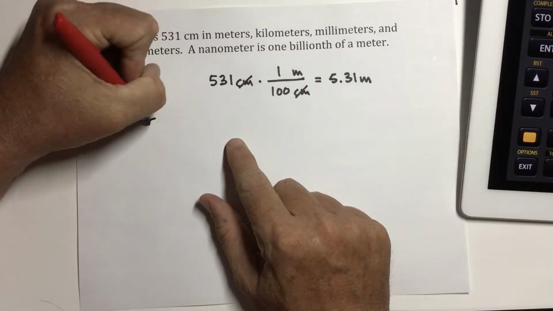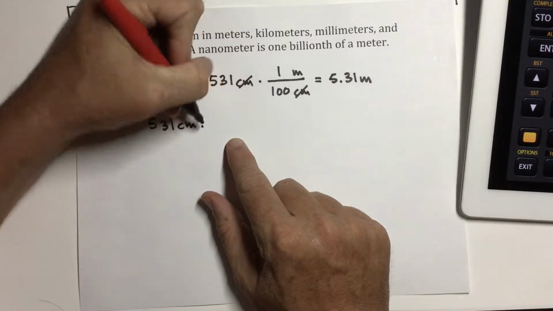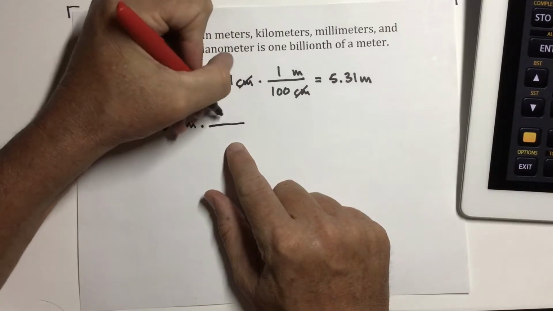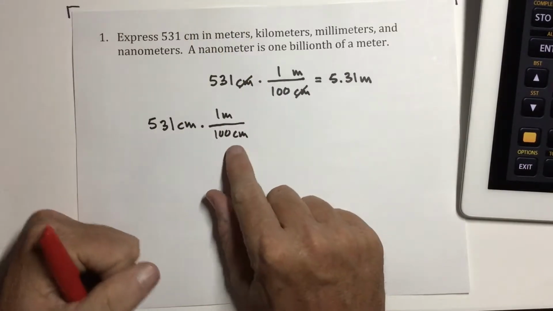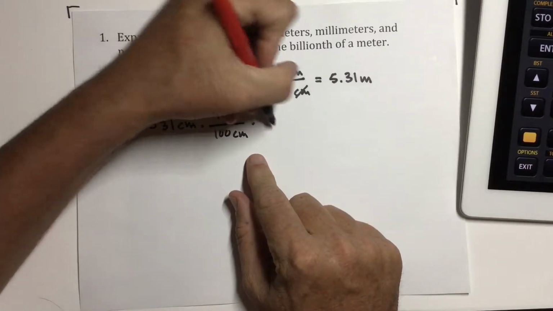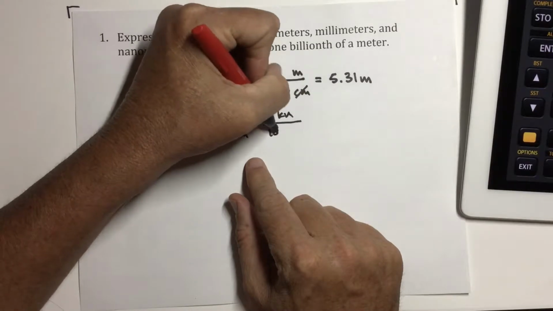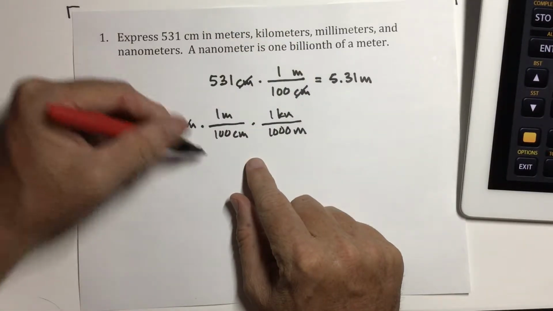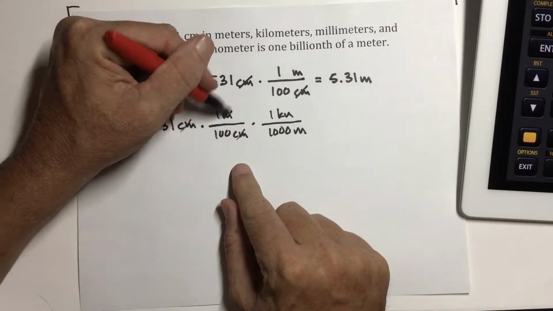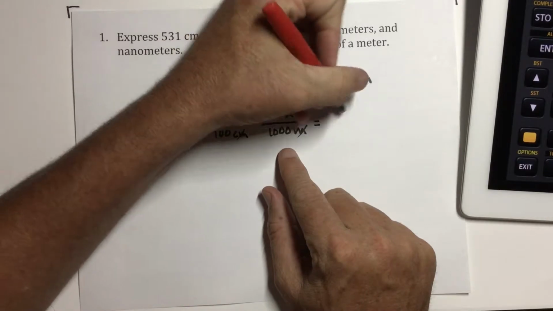Okay, in kilometers. Once again, let's start with 531 centimeters. I will begin by converting that to meters. 1 meter is 100 centimeters. And then I know that in 1 kilometer, there are 1,000 meters. So my centimeters cancel out, my meters cancel out, and I'm only left with kilometers, which is what I wanted.